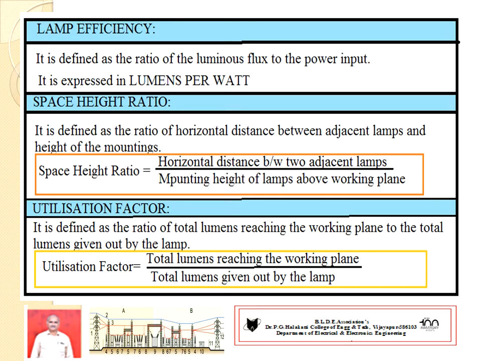Then lamp efficiency. In general term, efficiency is the ratio of output divided by input. Now lamp efficiency is defined as the ratio of luminous flux to the power input, because it emits the flux.